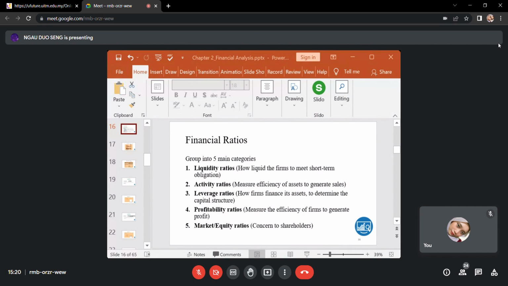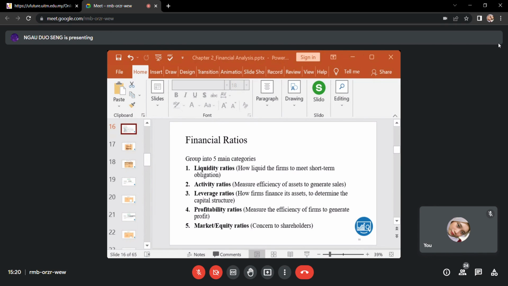You know where to get the financial statements, right? Where to find them. So you just go to Bursa Malaysia, and in Bursa Malaysia they have the list of companies that are listed. Then you just choose what company you want to do.